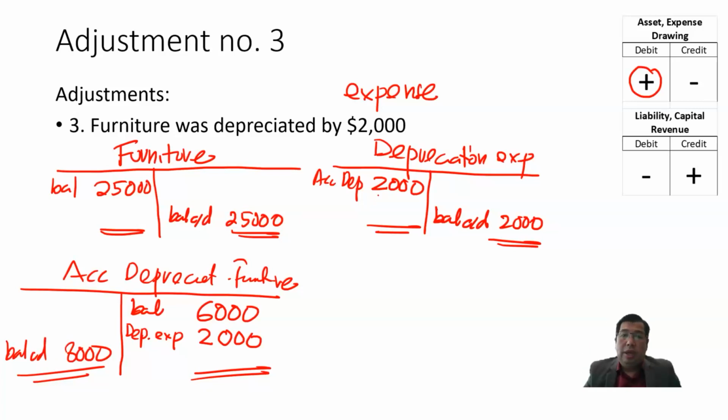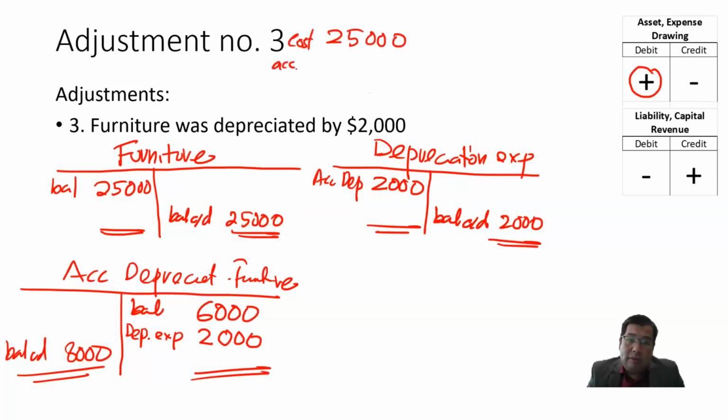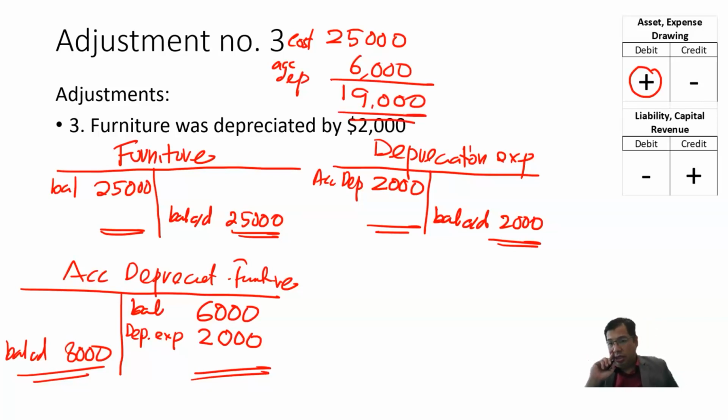I believe you still remember when I put a calculation here. Originally, we have cost of furniture 25,000. This is the cost. The accumulated depreciation is 6,000. Before we make the adjustment, we thought the value of this asset is 19,000, but we need to provide more depreciation.